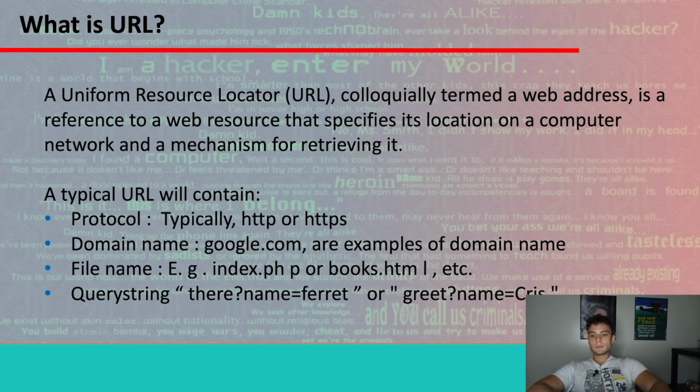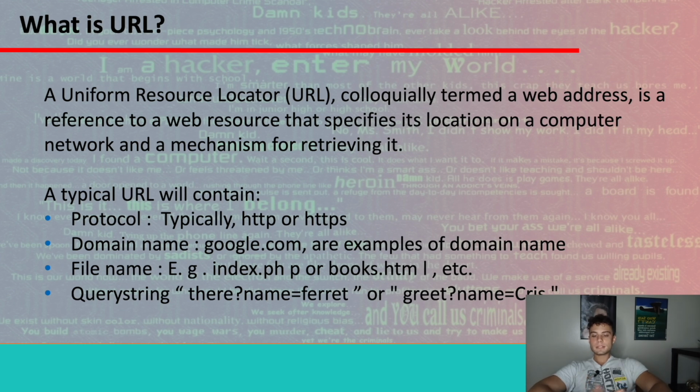So a URL contains the following things. It contains a protocol, and the protocol usually is HTTP, and the more secured version that is used these days, HTTPS. Then it uses a domain name, for example, google.com, youtube.com, facebook.com, and so on. The username is a specific name that is provided to the specific location that you want to access.